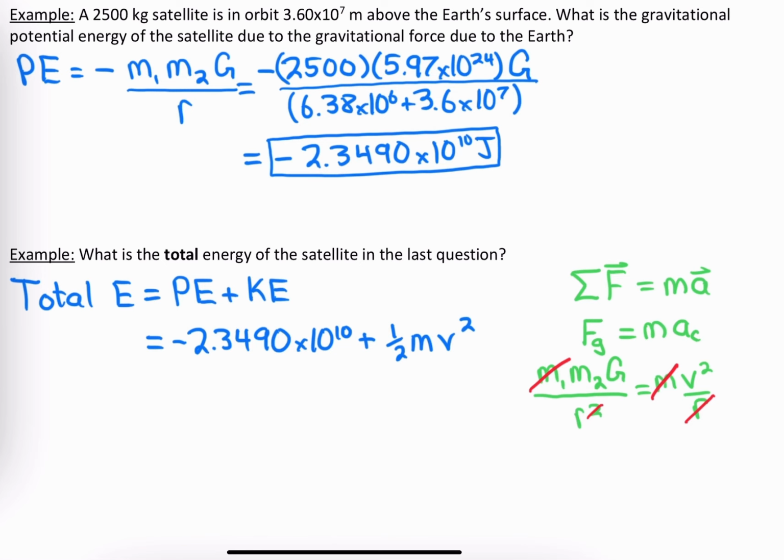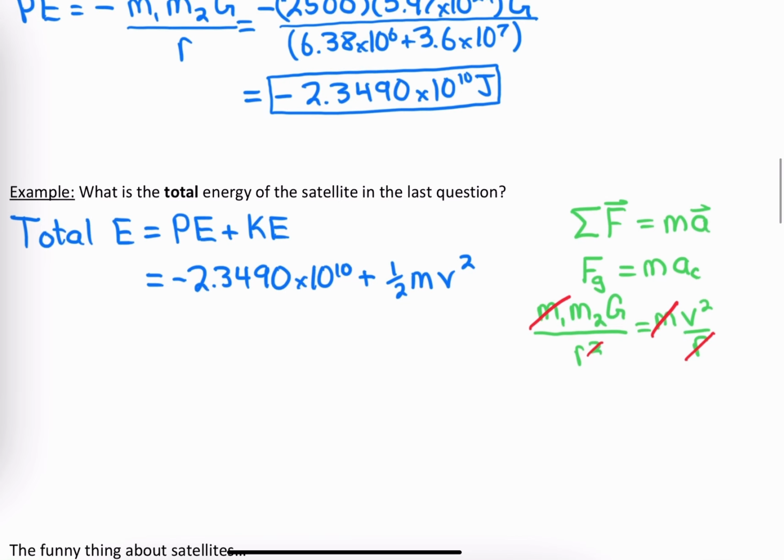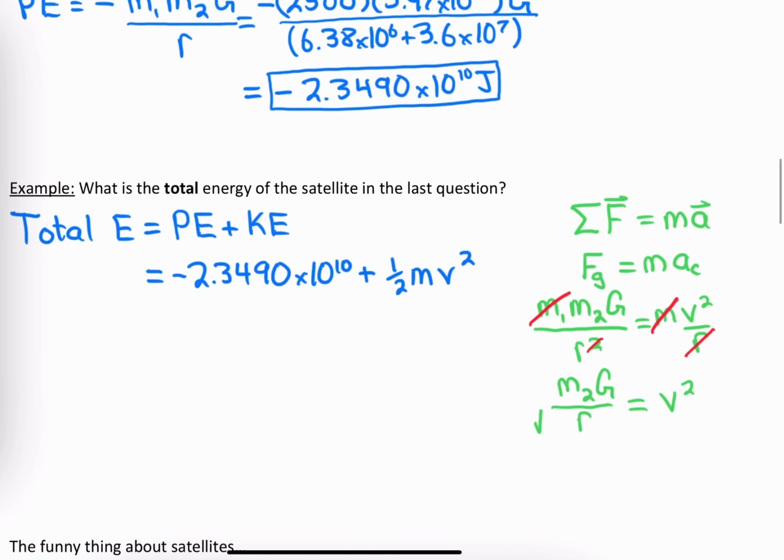Then I can rearrange for v, and I get m2 big G over r equals v squared. And then I can just square root both sides to give me the actual v.